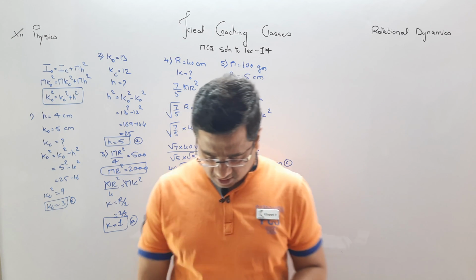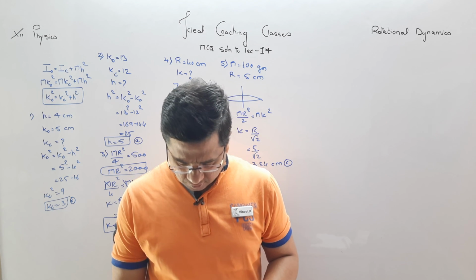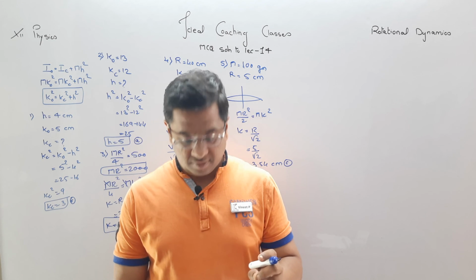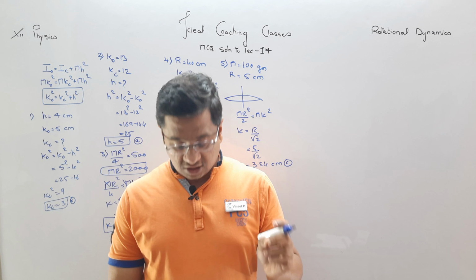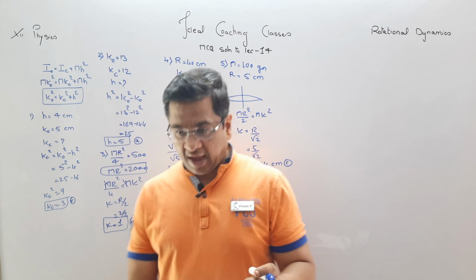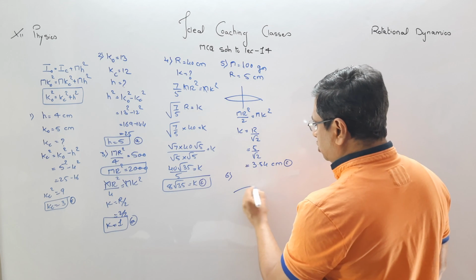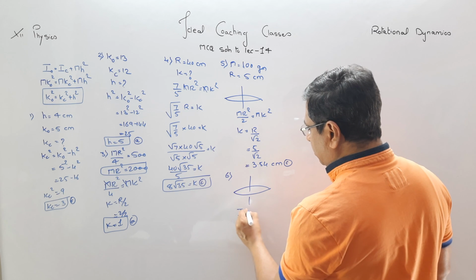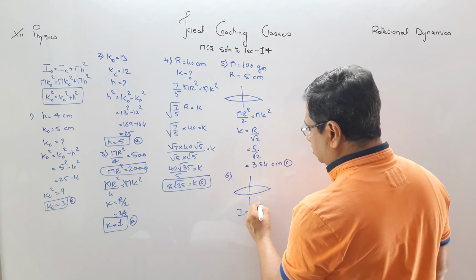सवाल नंबर 6, sixth question. The moment of inertia of a ring about its geometrical axis is I. ये normal geometrical axis होता है, यहाँ पे this is I, which we know is mr square.